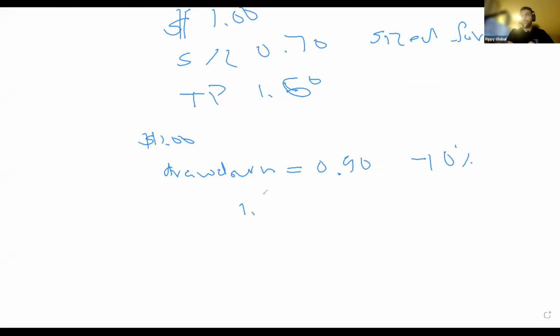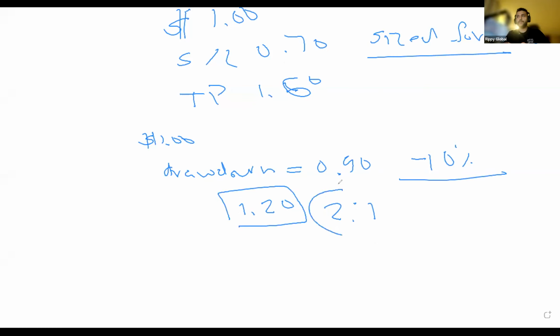When the contract goes to 1.2, even though you're sized for a 30 stop, so your 2RR would be 1.6, because the drawdown was only minus 10, at 1.2 you're at 2-to-1 RR. So you can start trimming at 1.2 because technically you're at 2-to-1 RR. The drawdown was only 10% when we entered the trade.